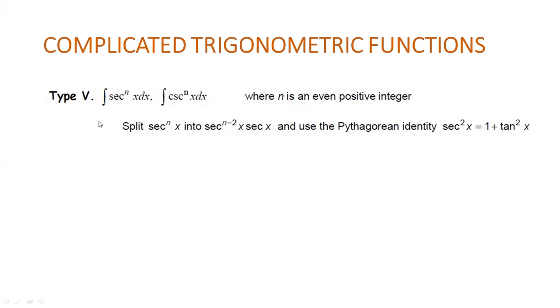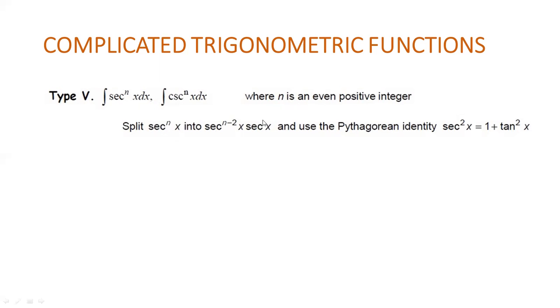If we have those as standalone functions that are integrated, we can also have the secant and the cosecant as standalone, meaning they are to be evaluated alone. So if the exponent of the secant and the cosecant in this case is even and positive, then there's a need for you to split the corresponding secant of x raised to n into secant of x raised to n minus 2 times secant squared of x.